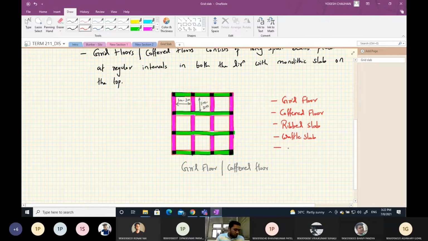And sometimes it is even referred to as voided slab, because if we cut some portion of the tension zone or some part of the compression zone of a solid slab, then they can be seen as a voided slab, though voided slabs are different from these slabs.